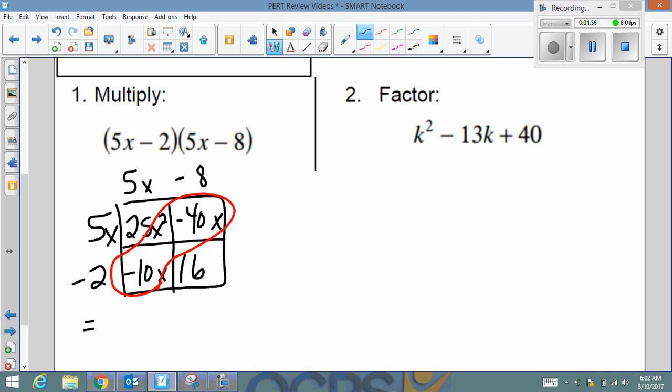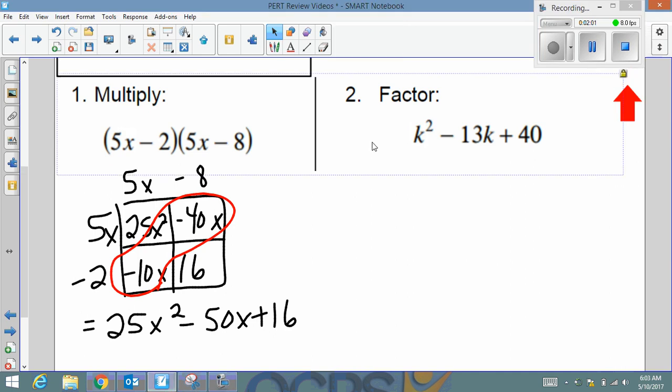I'm going to use the box method to factor though. Combining my like terms, I get 25x squared. These both are negative, so signs are the same. Add and keep the sign, and then plus 16. So again, when we're multiplying, we start with two binomials and we end with a trinomial.